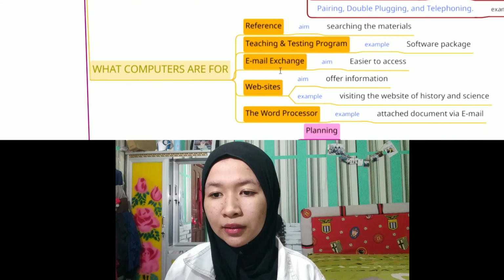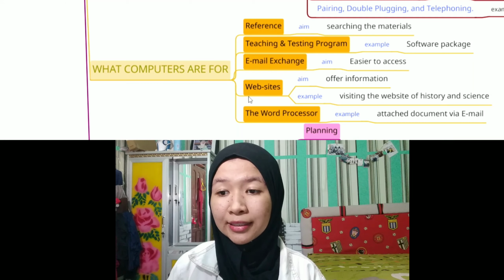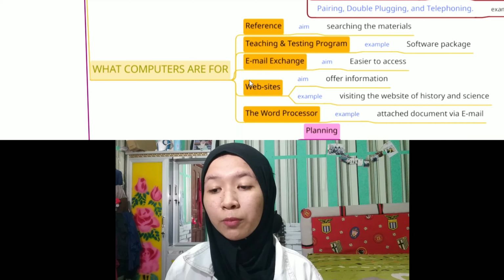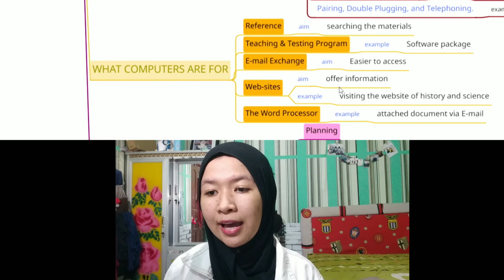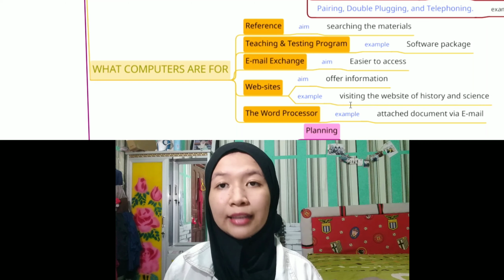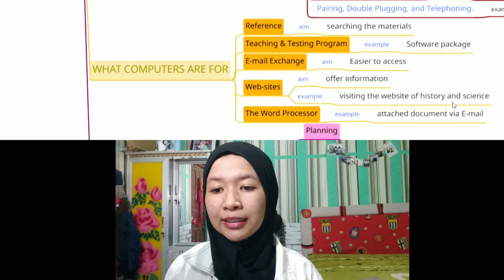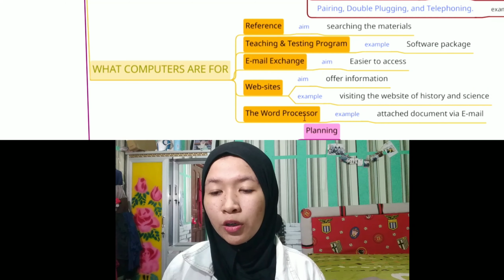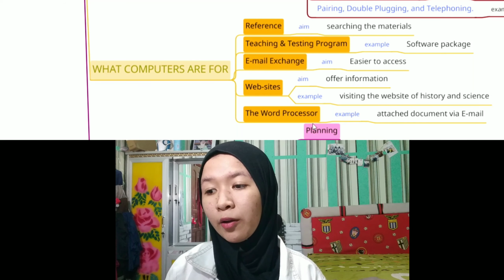And the next is websites. So websites have the purpose of offering information, for example, visiting websites about history and science. And the last is the word processor. For example, attaching a document via email.